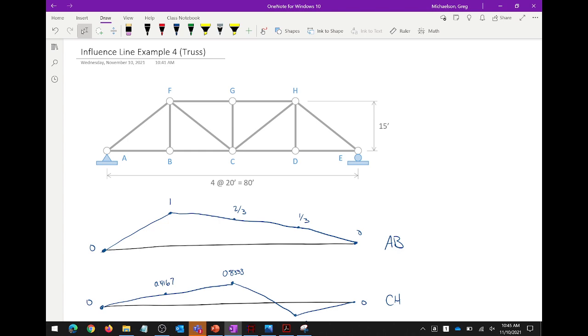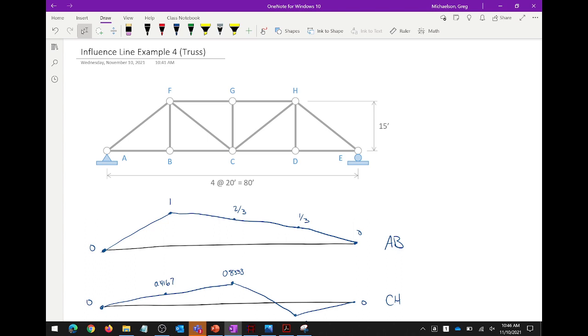And the beauty of an influence line is that I have right here the influence line for member AB. What that means is I now know the response of member AB to any load anywhere. No need to solve this truss 100,000 times. You tell me loads on joints, I'll tell you the answer.